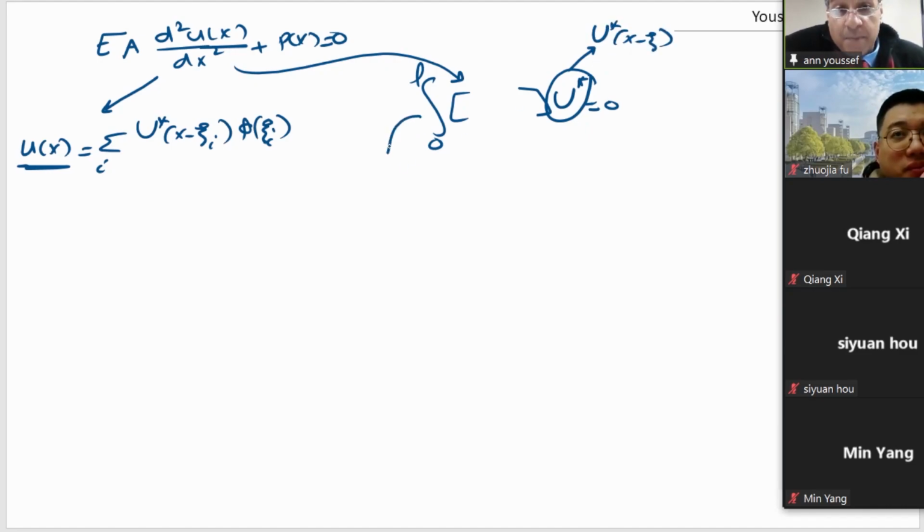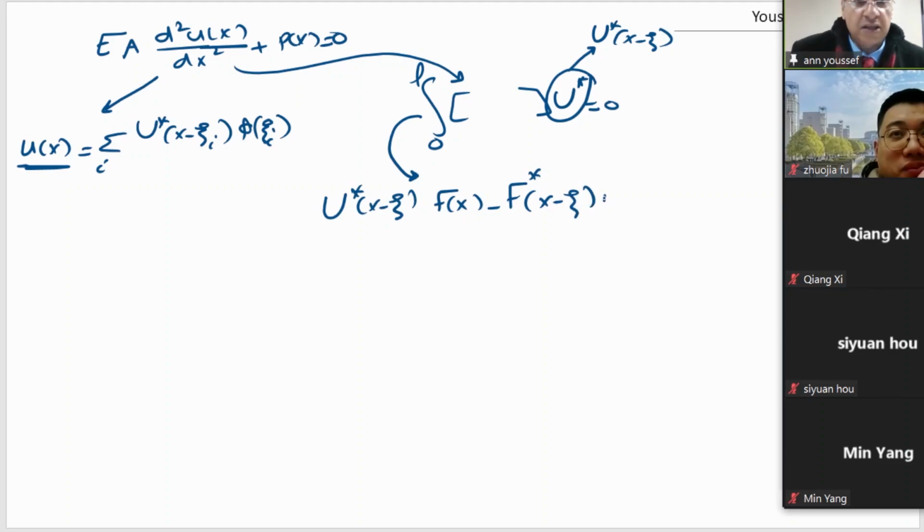So we will end up, after integration by part or weakening the differential equation, with a very nice integral equation, which is u asterisk of x minus xi, as we said before, times f of x minus f asterisk of x minus xi times u of x. This is substituted between x equal to L and x equal to 0.